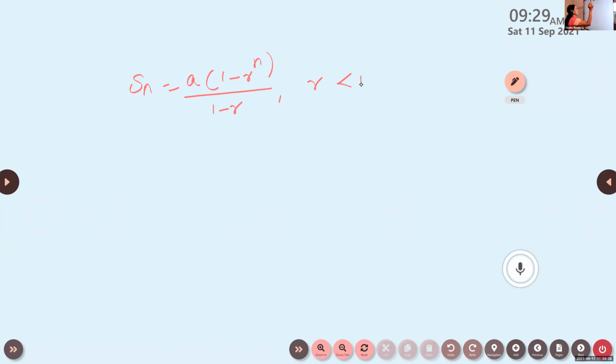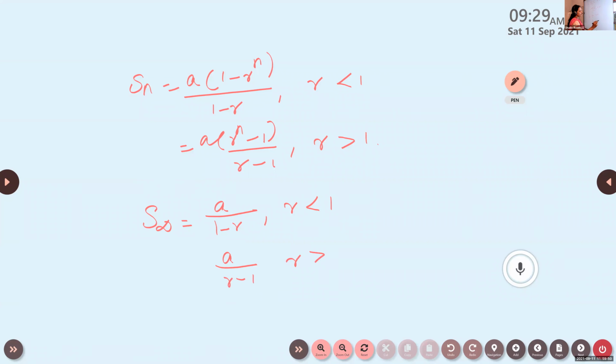And it is a into r raised to n minus 1 by r minus 1 if r is greater than 1. And at the same time, sum to infinity terms, S to infinity, is given by a by 1 minus r if r is less than 1, and a by r minus 1 if the common ratio is greater than 1. This is given about sum to infinity.